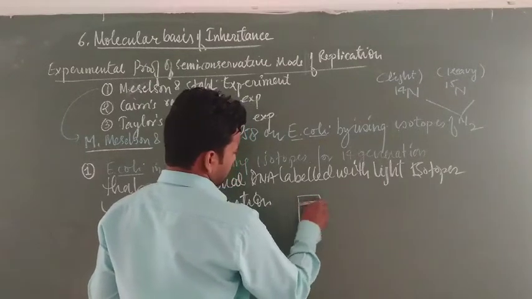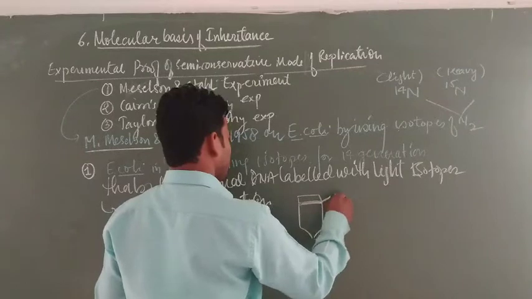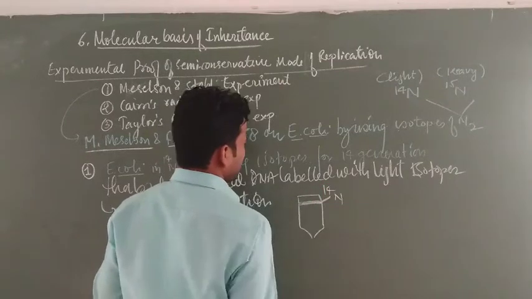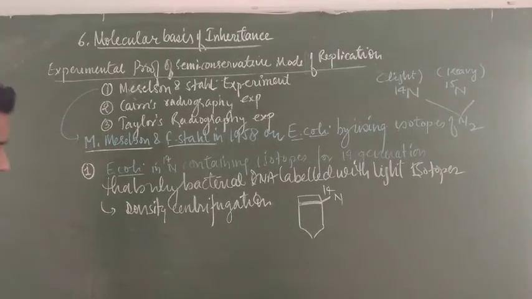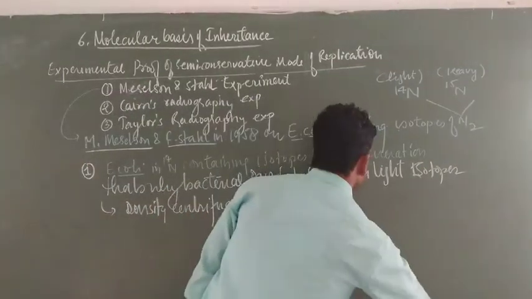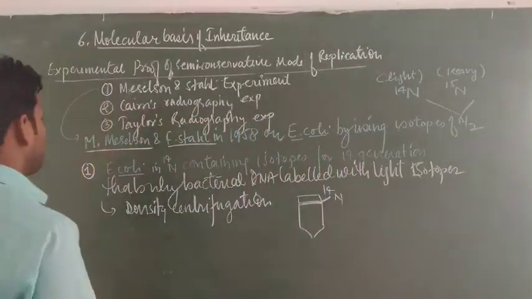Here sedimentation forms in the upper region. It indicates that the bacterial DNA is labeled with N14. This is the sedimentation. How can you see this experimentally?